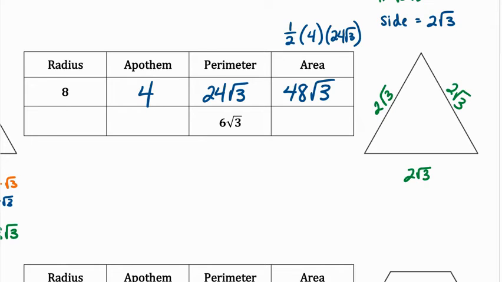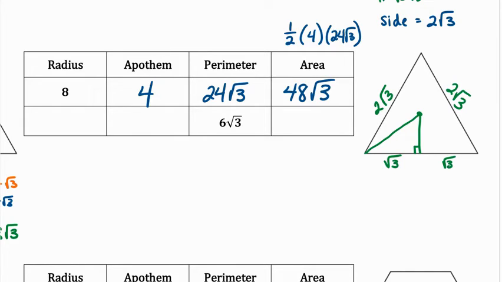I want my radius and apothem, so I'm going to draw them in here. There's our radius. There's our apothem. If I know this whole side is 2 radical 3, then that would mean that this piece is just radical 3, right? Because it'd be half of it.